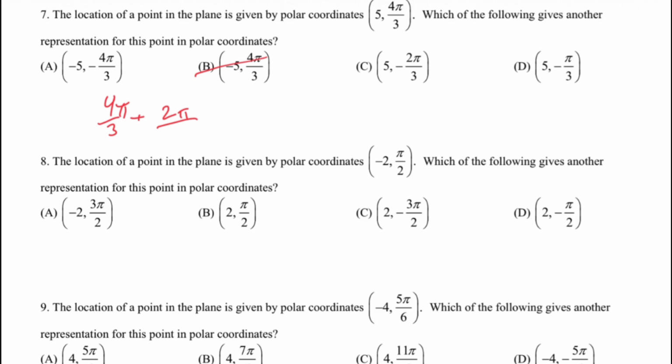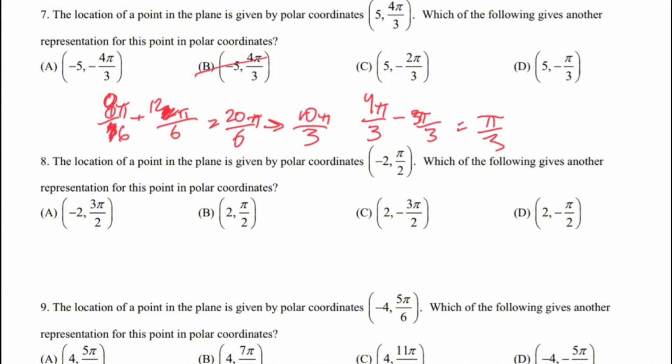Common denominator would be 6, so this turns into 8 pi over 6 plus 12 pi over 6. That's 20 pi over 6, which simplifies. Both of them can be divided by 2, so 10 pi over 3. That's not in any of them. 4 pi over 3 subtracted by pi is equal to pi over 3.